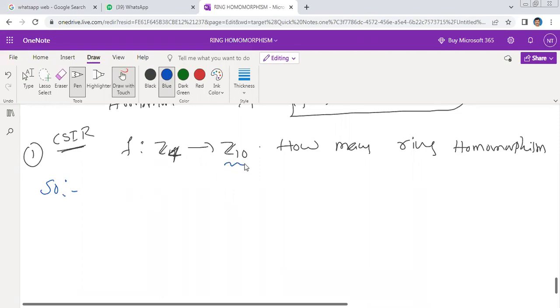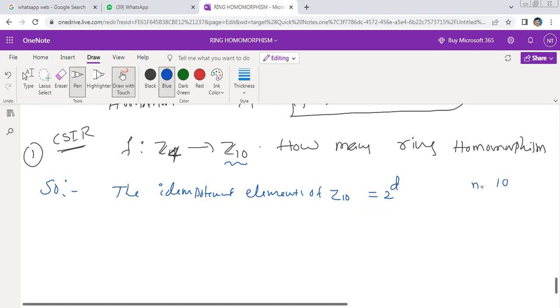What you should look at is the codomain. What are the idempotent elements of Z10? We gave this to you earlier also. The number of idempotent elements of Z10 is equal to 2 to the power d, where d is the number of prime factors.